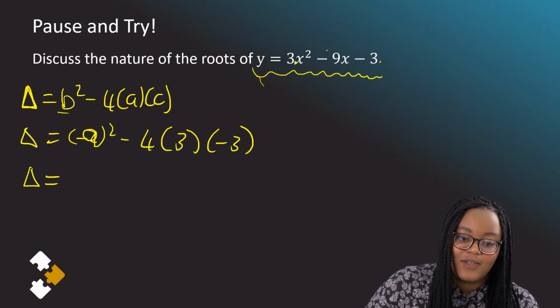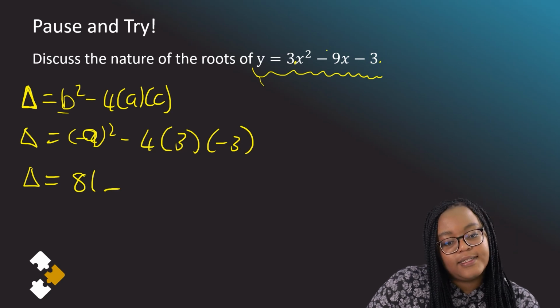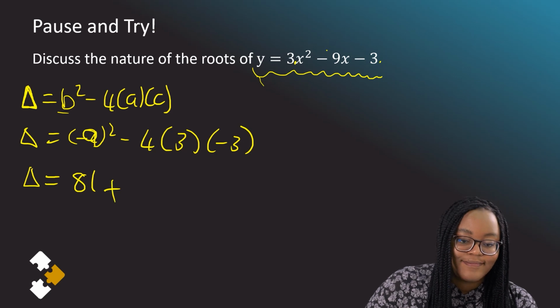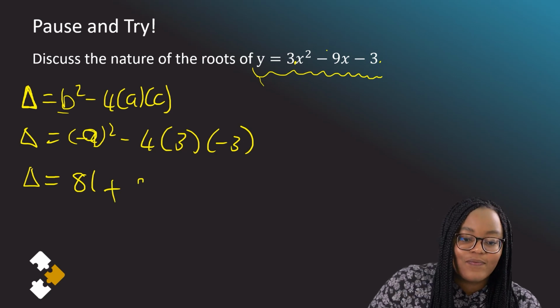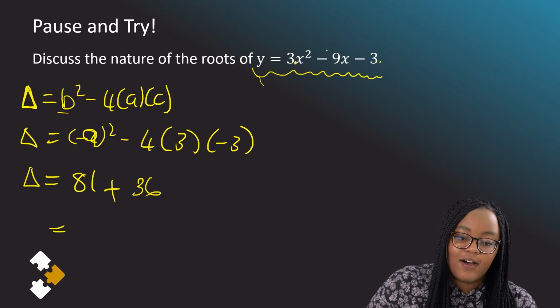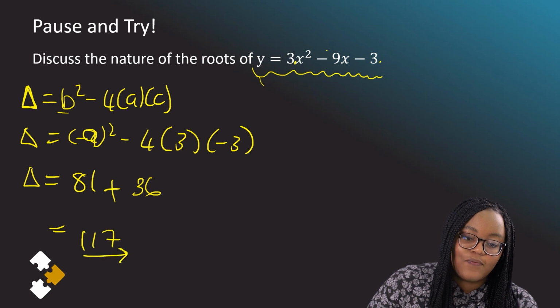Therefore, delta is going to be equal to 81 plus 36. And that is going to give us a net answer of 117.